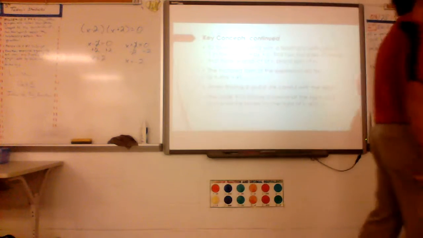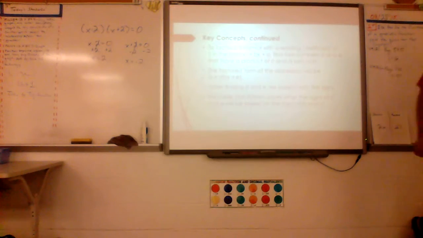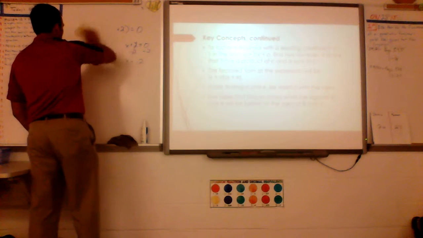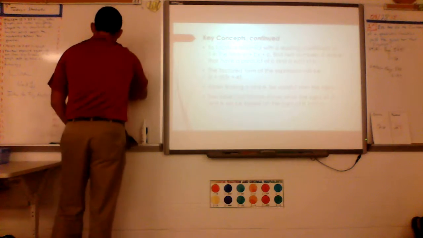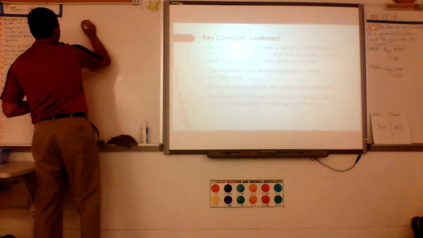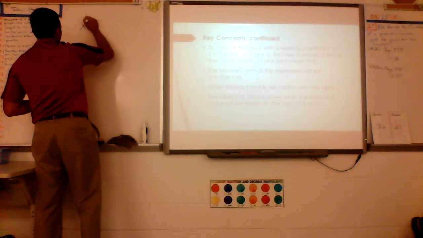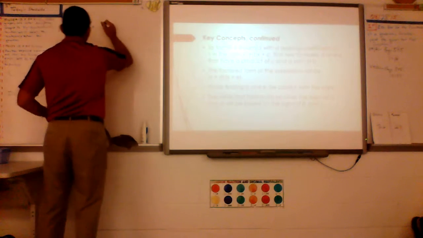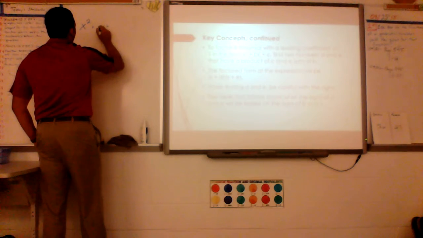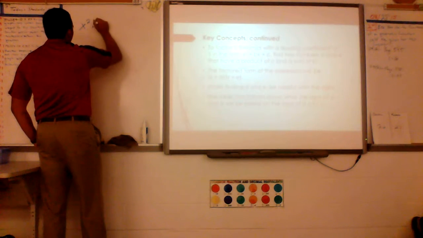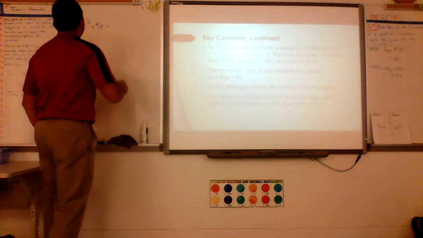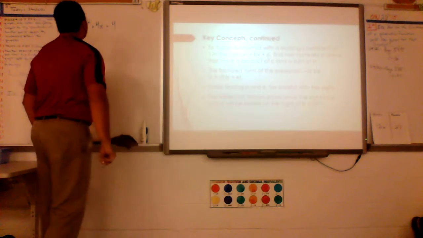Now it says next slide, I've got a table that might help you out. But what I do want you to write down is an example. I've got x squared plus 4x plus 4.